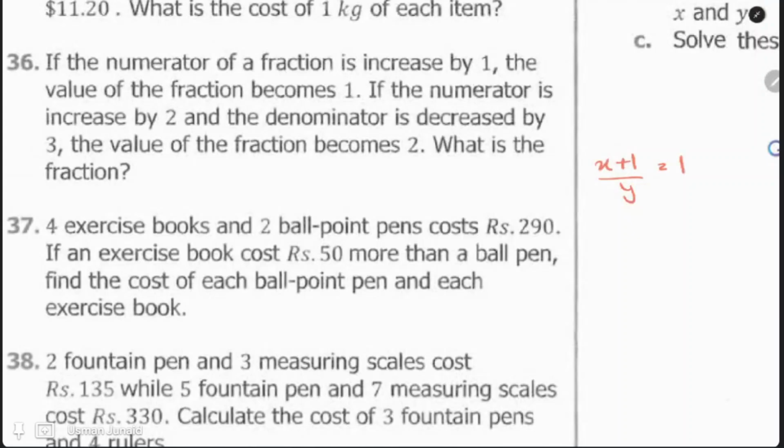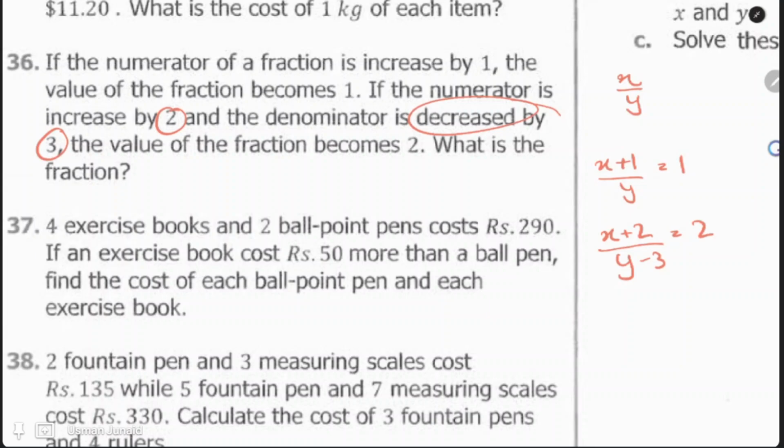Yes. And if the numerator increases by 2 and the denominator is decreased by 3, so x plus 2 over y minus 3 is equal to 2. Yes. And you have to find x over y.